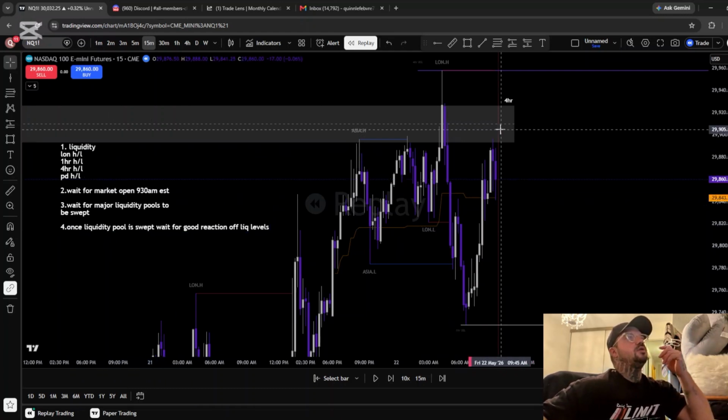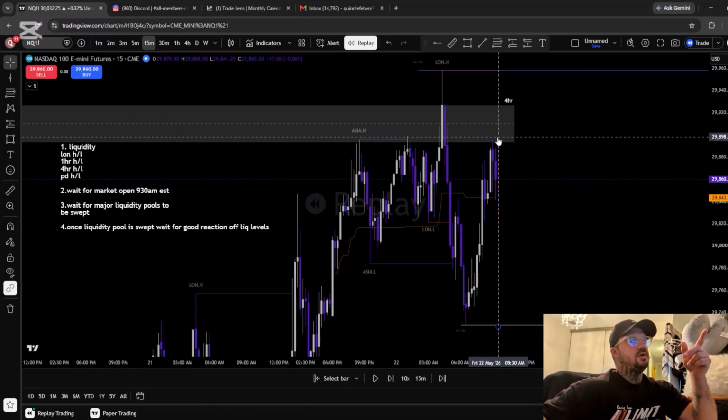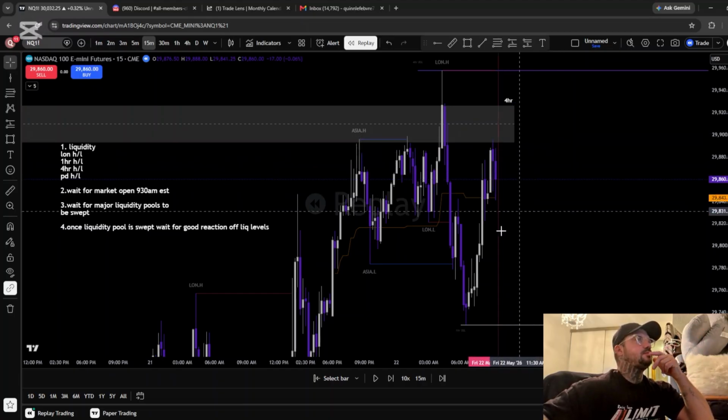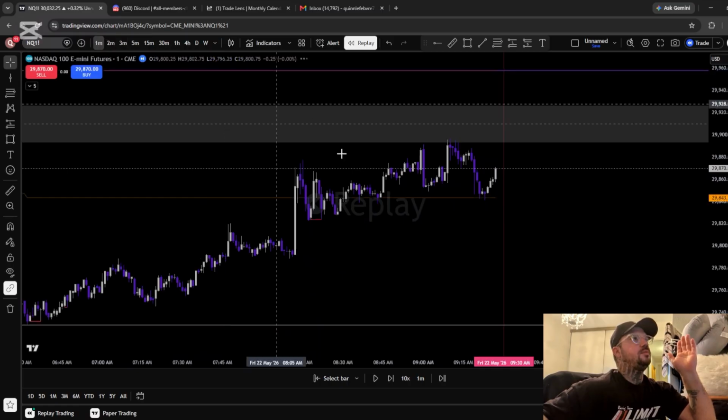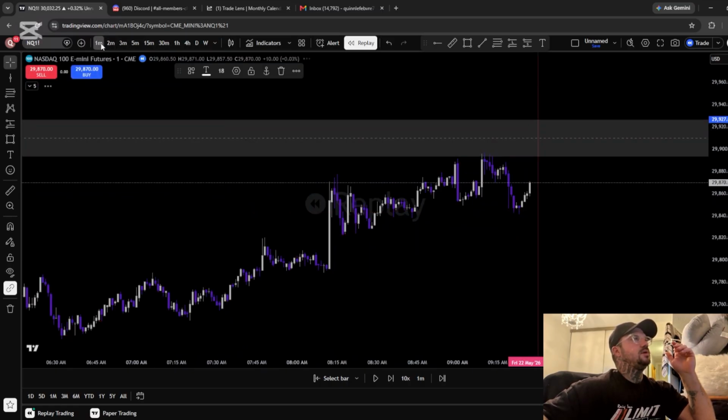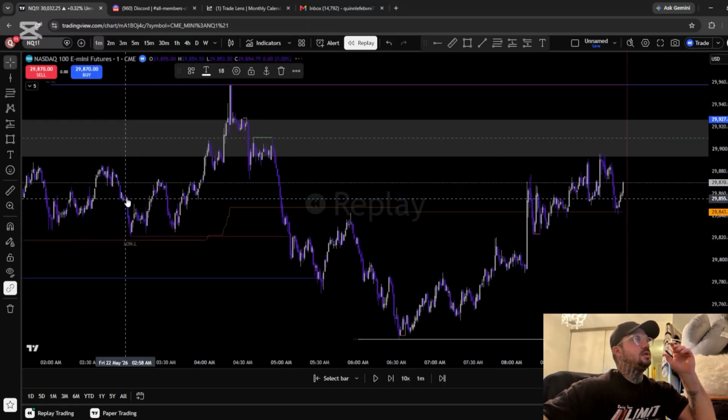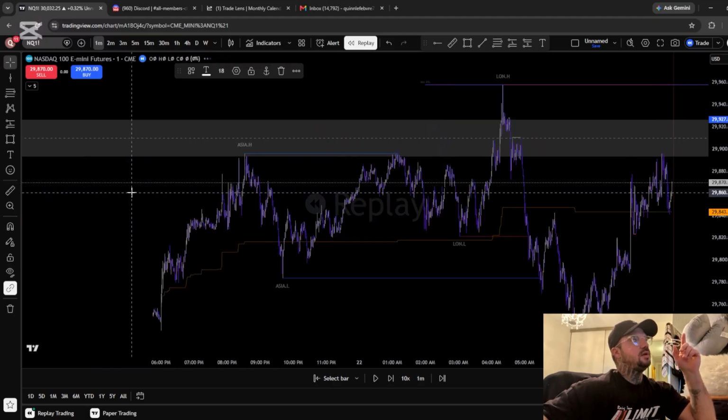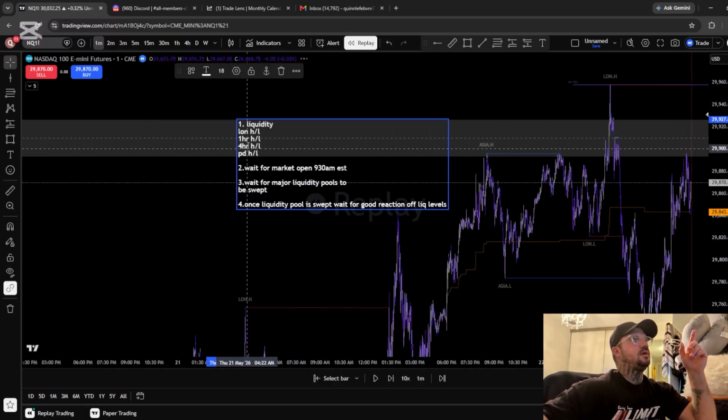Alright, so this is market open on this horizontal line. And now let's just scale down to a 1 minute, because those are where we use our entry models, the 1 minute, 2 minute, and the 3 minute.